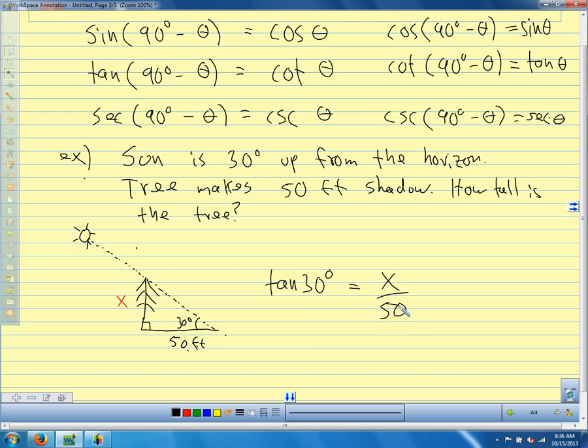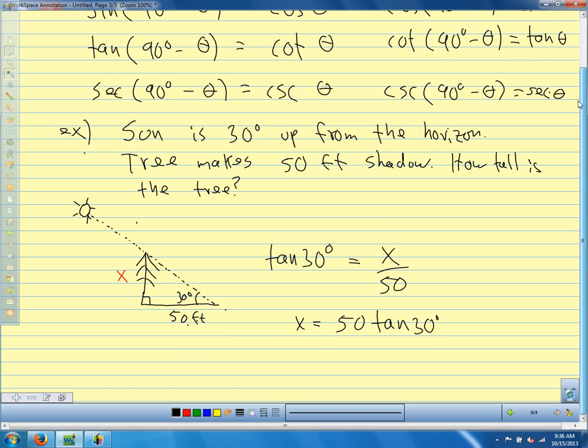A lot of people skip this step and go straight to writing x equals 50 tangent 30. That's fine as long as you get the relationship right. It's easy to flip this fraction the wrong way, just like when we're converting units. So it can be helpful to double check yourself this way.